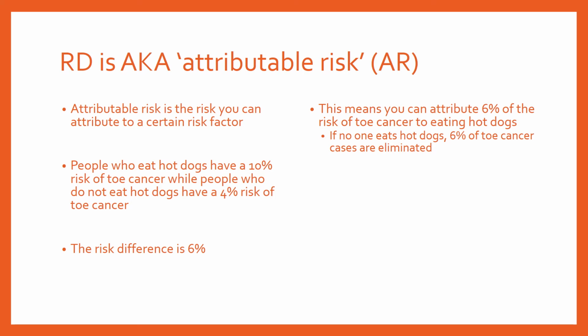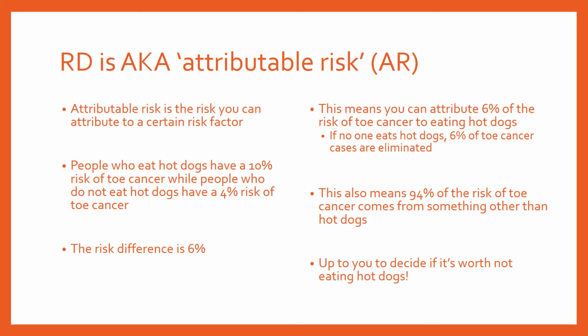Or another way to say that would be that if all people stopped eating hot dogs, 6% of toe cancer cases would be eliminated. It's not the sole cause of toe cancer, but 6% of toe cancer cases would no longer exist if no one ate hot dogs.